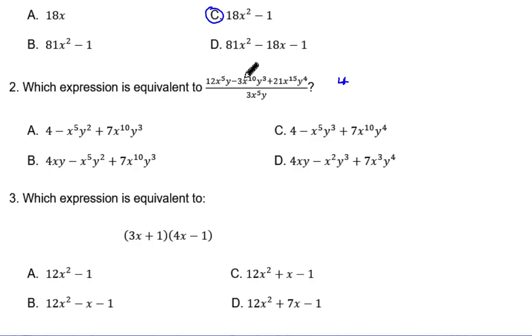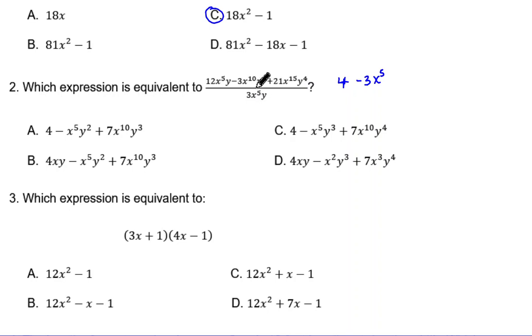All right, keep going. Negative 3 divided by positive 3 is negative 3. And then x to the 10th divided by x to the 5th. So basically you're canceling out x to the 5th here and then x to the 5th here. So you have remaining x to the 5th power.